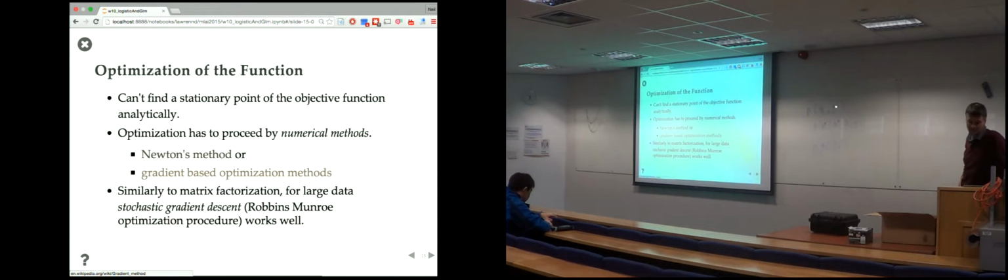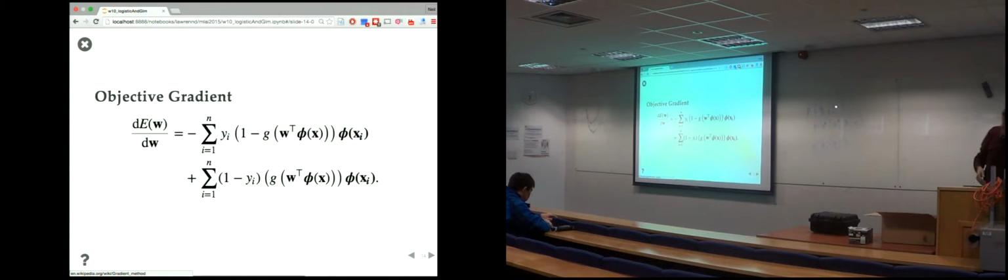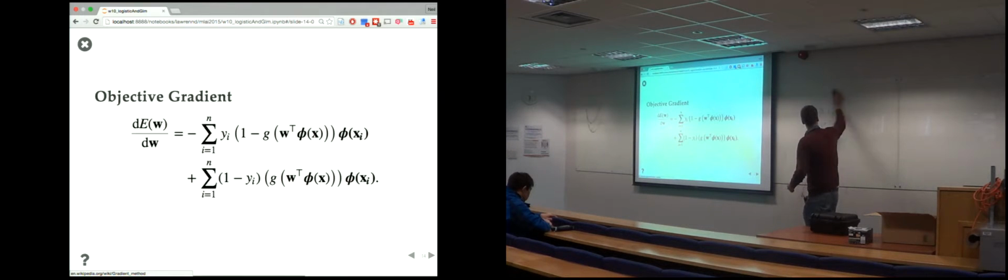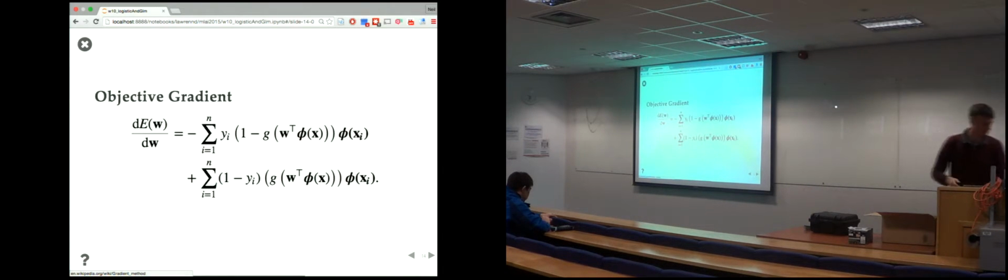So this is similar to the matrix factorization example you did. If you've got very large data, then you tend to use stochastic gradient descent. If you remember back to the early lectures, in the quadratic error surface, the one that we could actually minimize, is how I tried to persuade you that linear algebra was worthwhile.